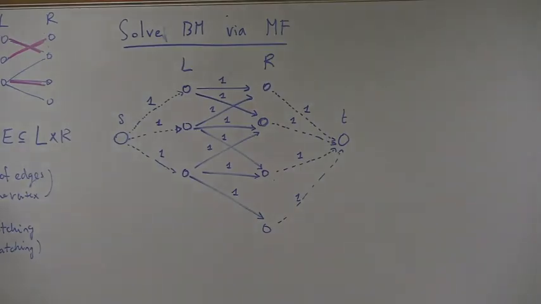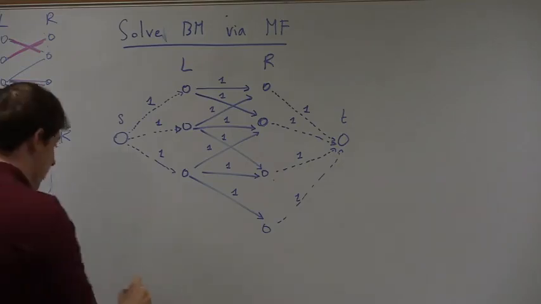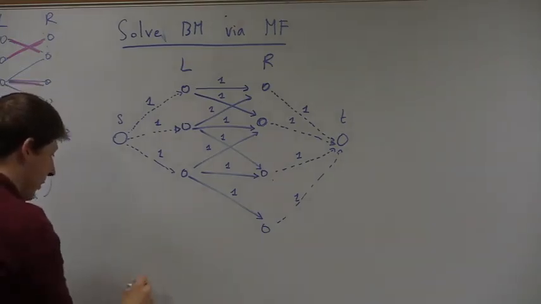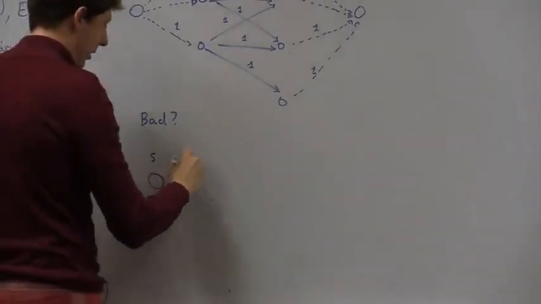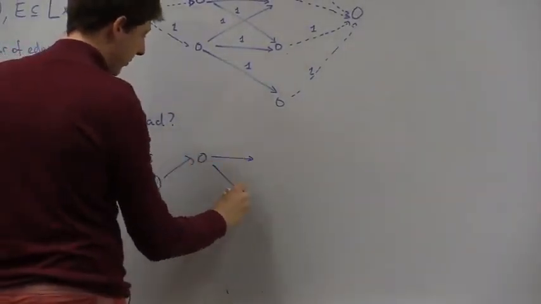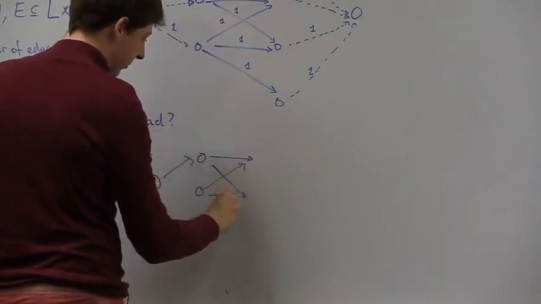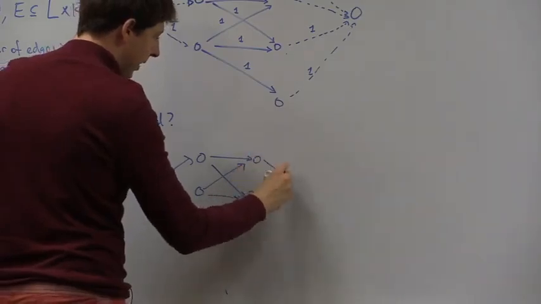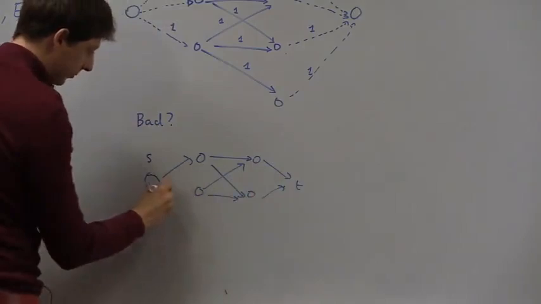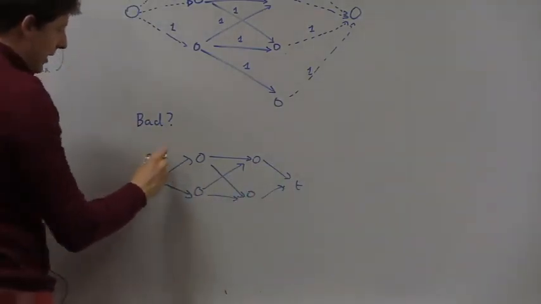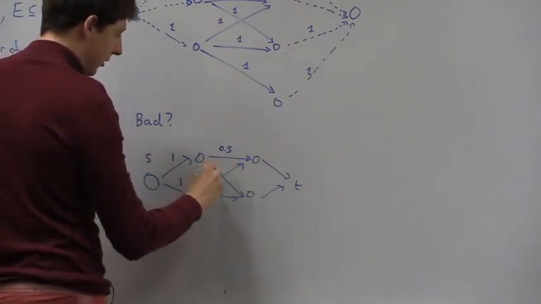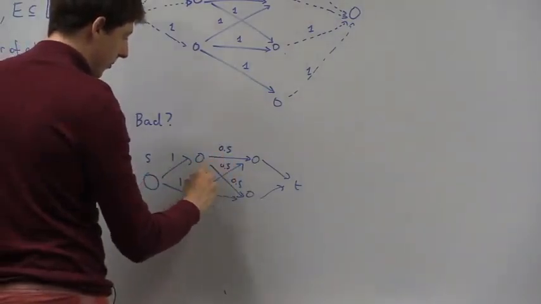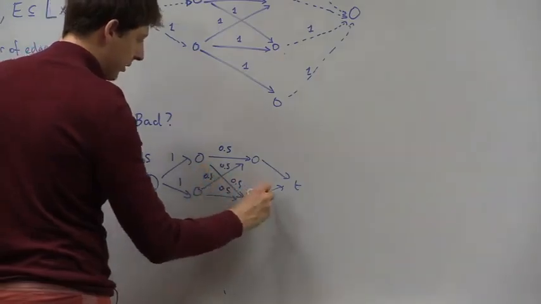But there is this worry: what if flows get split? For instance, suppose your graph looked like this. Let's look at whether this would be bad for us. Let's say that I had a simple tiny instance, and let's say that I pass a unit of flow on each of these and 0.5 on all of these internal edges.